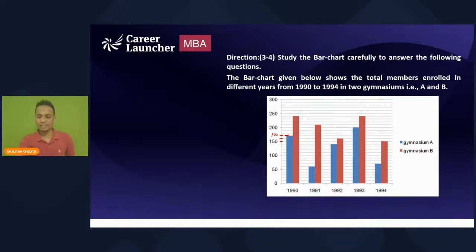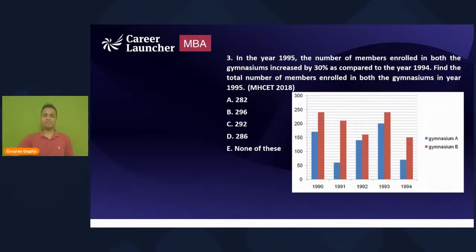So let's have a look at the question. Next question based on this bar graph. Now this is the actual set of MHCET 2018. I have picked it from the actual paper of Maharashtra CET 2018. So I'm not just giving you the idea behind the type of questions, I'm also showing you the actual questions from the previous year papers.